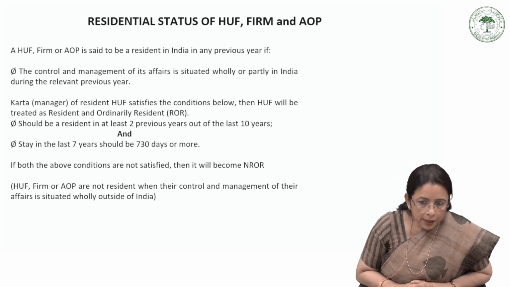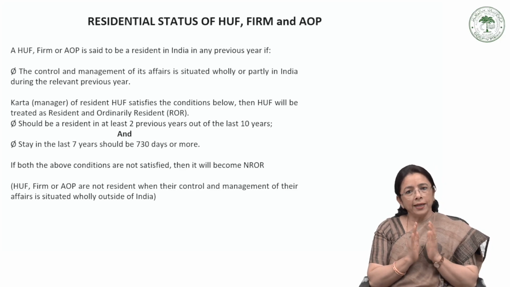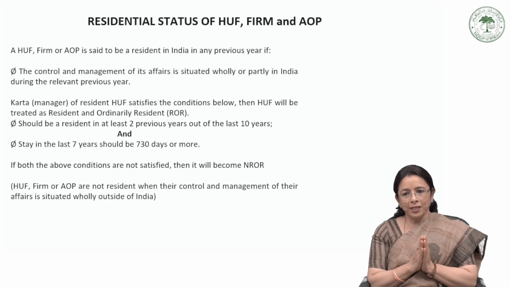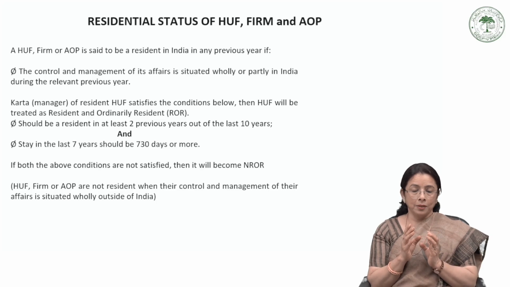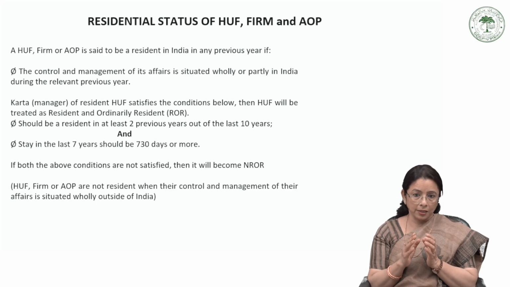I hope it is quite clear that the control and management test is a qualitative test. It focuses on where the strategic control lies, and not where the routine operations are conducted.